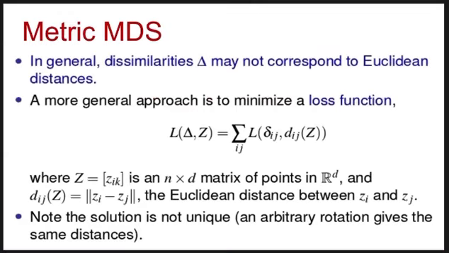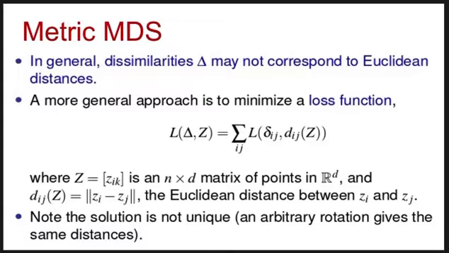In general, the similarity may not correspond to Euclidean distance. When they don't correspond, I cannot use a classical MDS. A more general approach is to minimize a loss function. When you are minimizing a loss function, then you are using metric MDS.